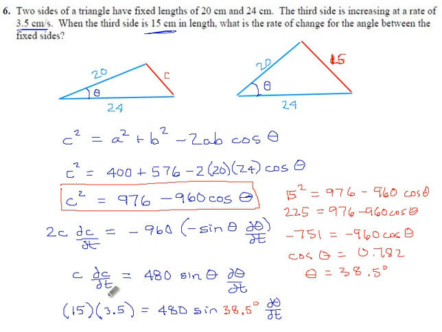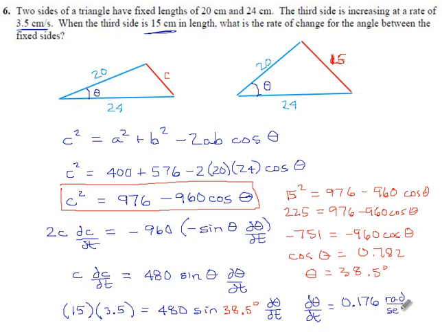And making sure we're in degree mode, we also divide that by the sine of 38.5 degrees. And I get that d theta dt, our angle rate, is 0.176, and it's angle units over time units, which in this case would be radians per second.